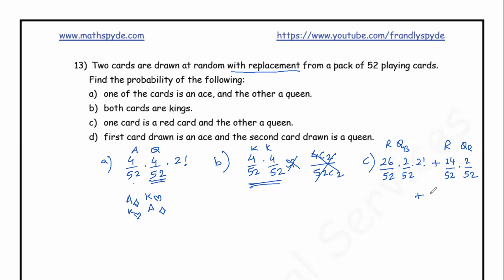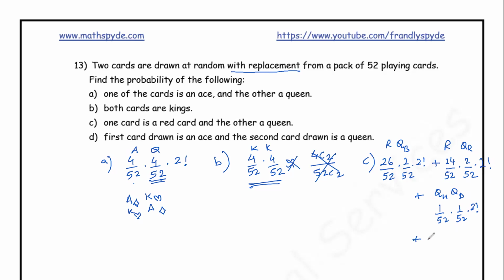And then plus again, you will have queen of hearts and queen of diamonds. So that would basically mean 1 over 52 and 1 over 52, and then you do into 2 factorial. I forgot the 2 factorial out here. Into 2 factorial out here.